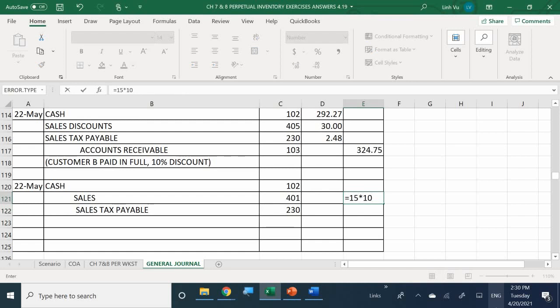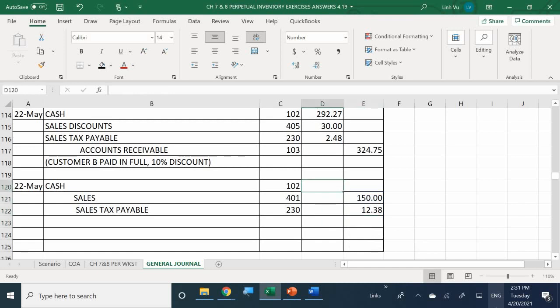I sold 15 for $10 each. So what is my total amount here? 150. Okay. How much tax should I be collecting? $12.38. Yes, 12.38. So how much cash should I be receiving in grand total? $162.38. Good.